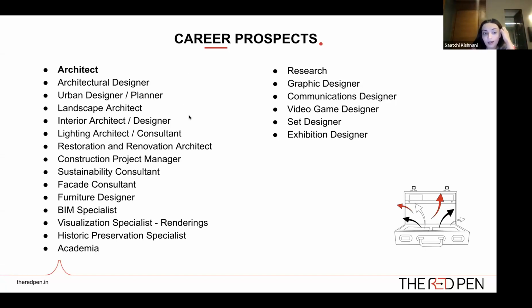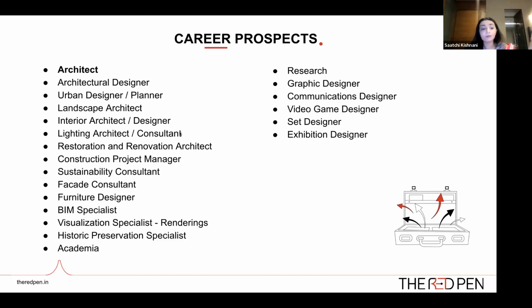Right? So you have, of course, architect, architectural designer. Now, those two do differ. If you guys want, I can get into that a little later. Your urban planner, urban designer, you can get into landscape architecture, interior architecture, interior design. You can become a lighting consultant or a lighting architect.